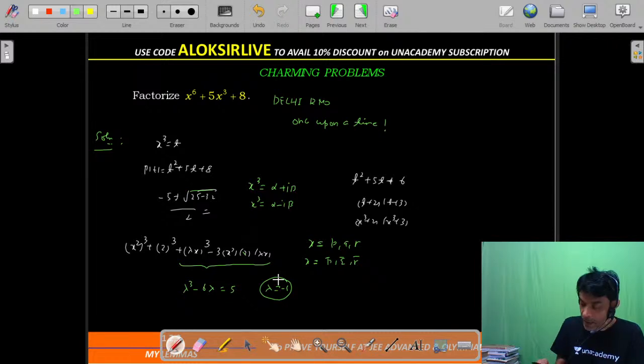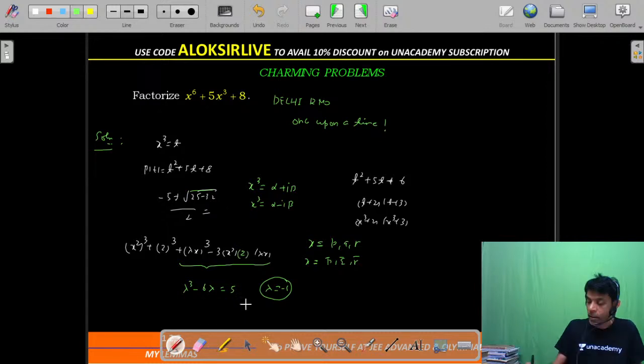It will help you, this method, if the number was not so discernible as -1. Lambda might have been 3 or 4 or -4 or some other number. But this method will take it out. It will bring it. So like that we get this, by the way, 3 times x squared times 2 times lambda x.